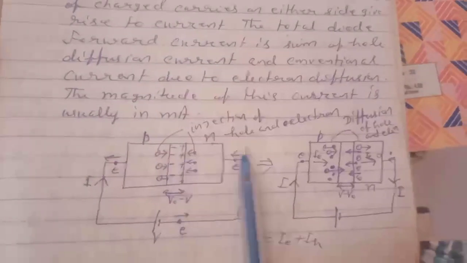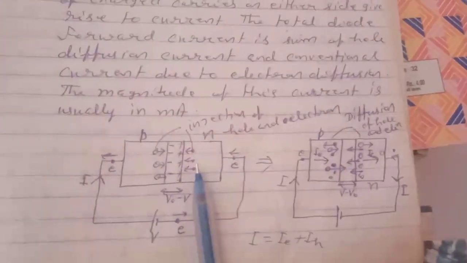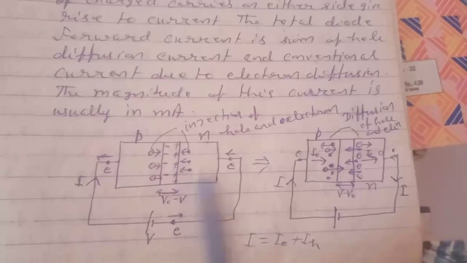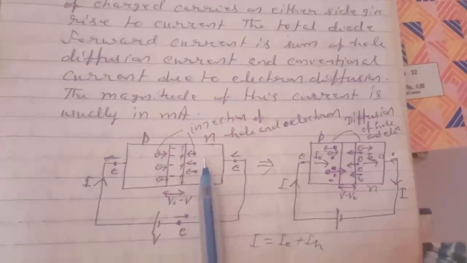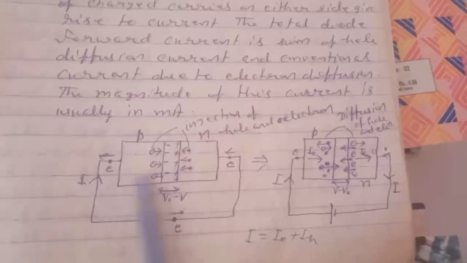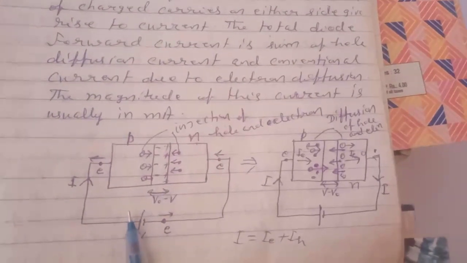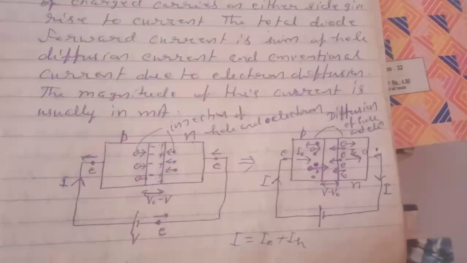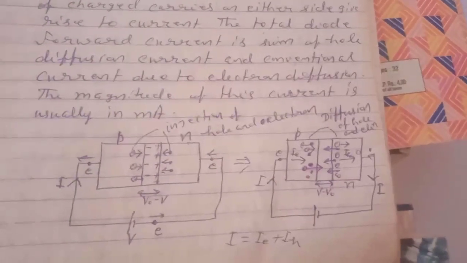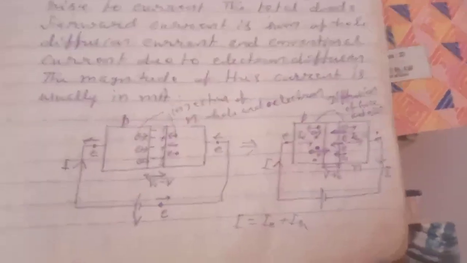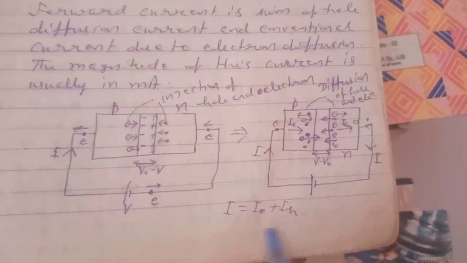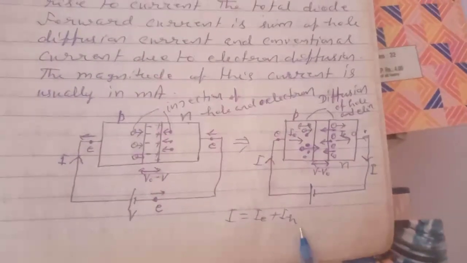Holes are injected in the N side and electrons are injected in the P type. Here diffusion of holes and electrons occurs. So I equals IE plus IS, current due to electrons and current due to holes.